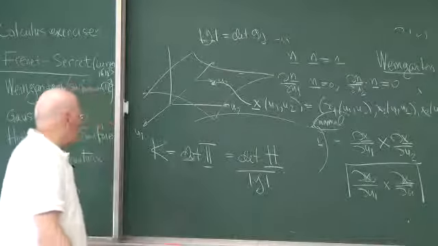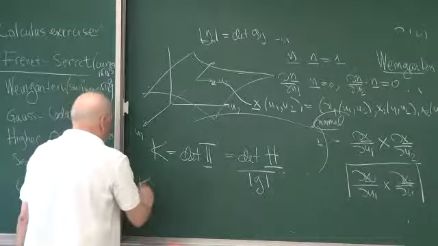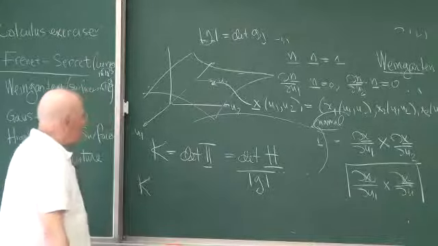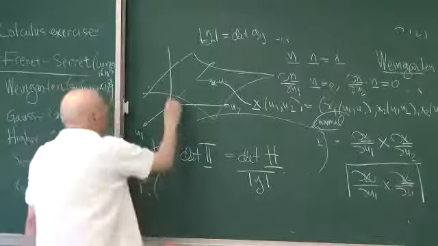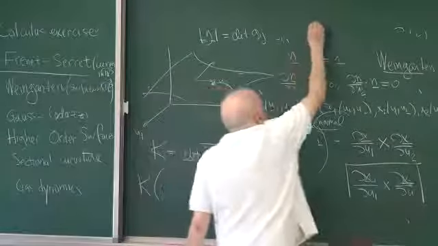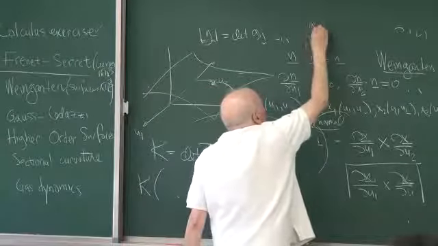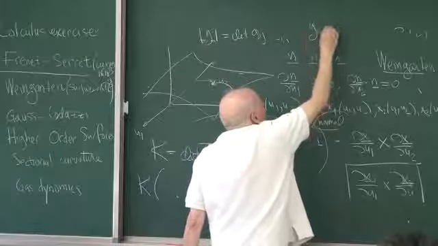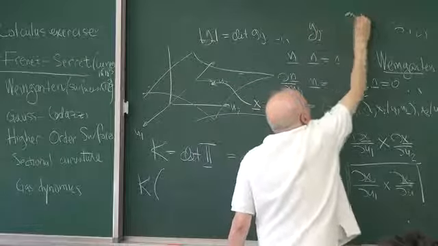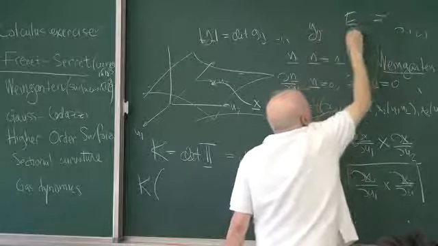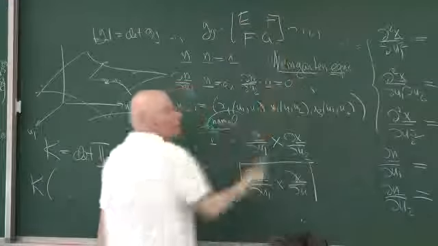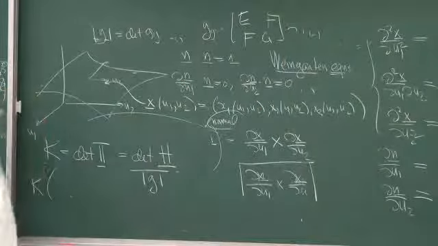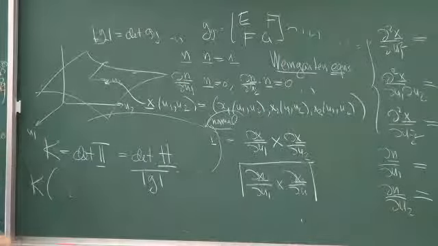So now let's put it all together, and we get K in this notation equals the determinant of G, but if we write G in the old-fashioned notation E, F, G, the first fundamental form, the determinant is EG minus F squared.